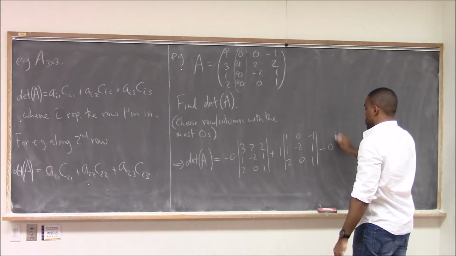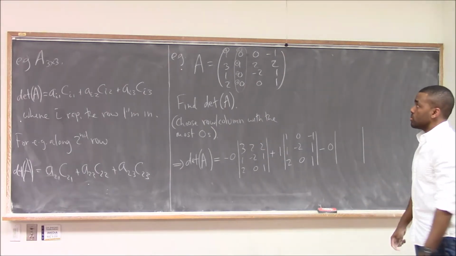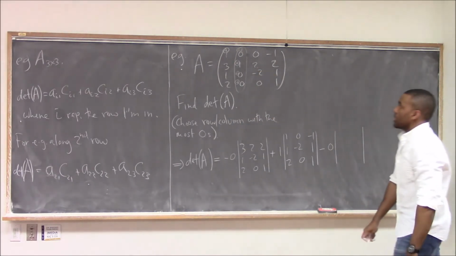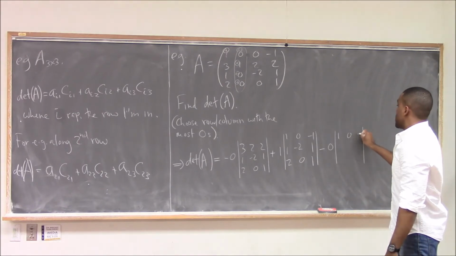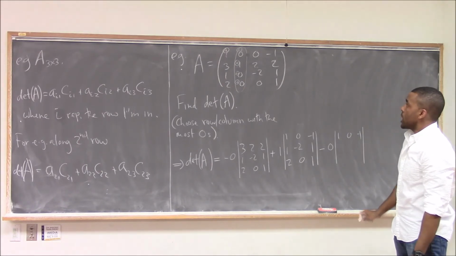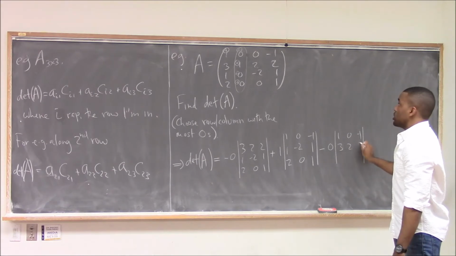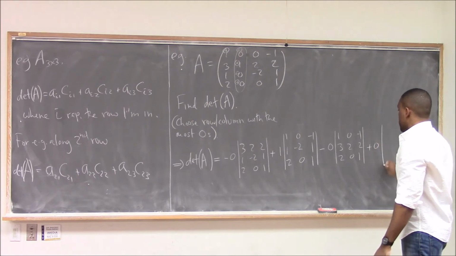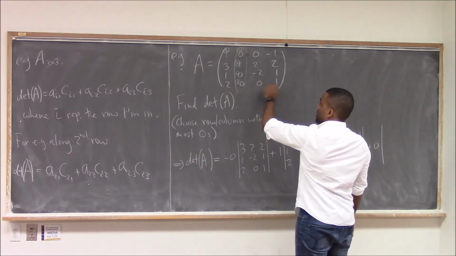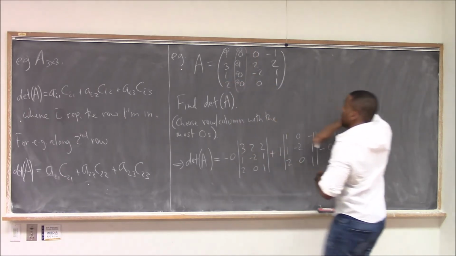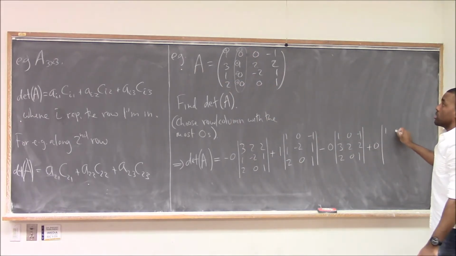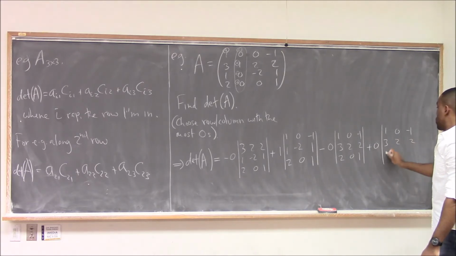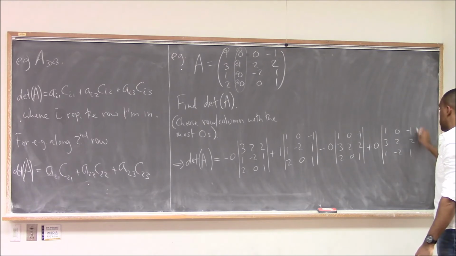Minus 0, block out everyone in its row and its column, and we would have 1, 0, minus 1, 3, 2, 2, 2, 0, 1. Plus finally 0, which is the last one. Block out everyone in that row and that column, and we'd be left over with 1, 0, minus 1, 3, 2, 2, 1, minus 2, 1.